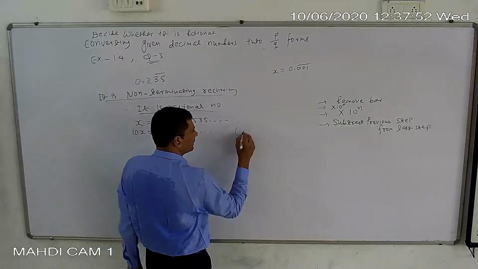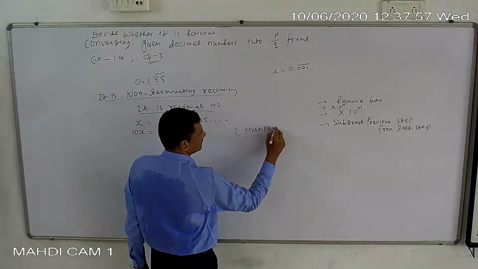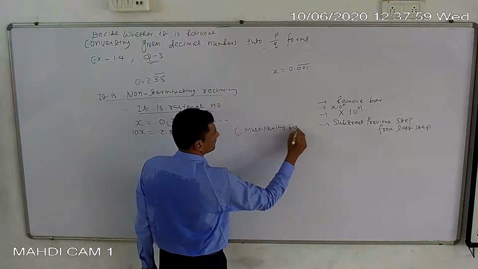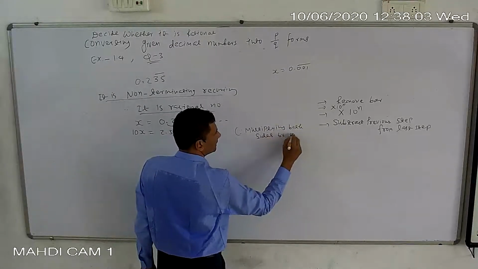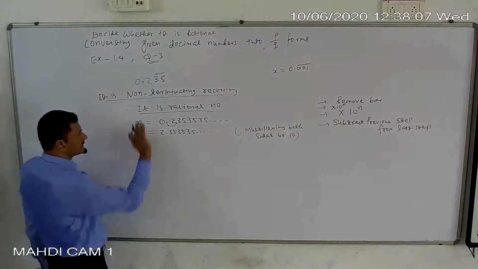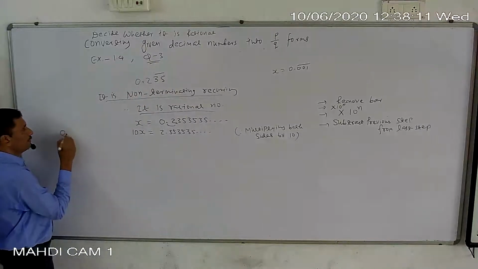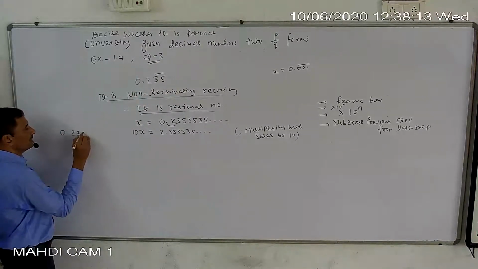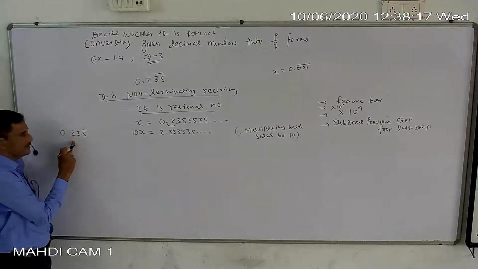If you want, write down here, multiplying both sides by 10. By 10, you understand it well. Now, suppose instead of that, you were given 0.235 like this. Suppose this one is different.